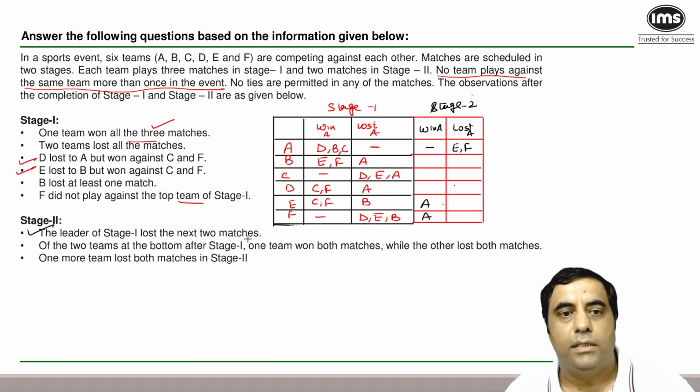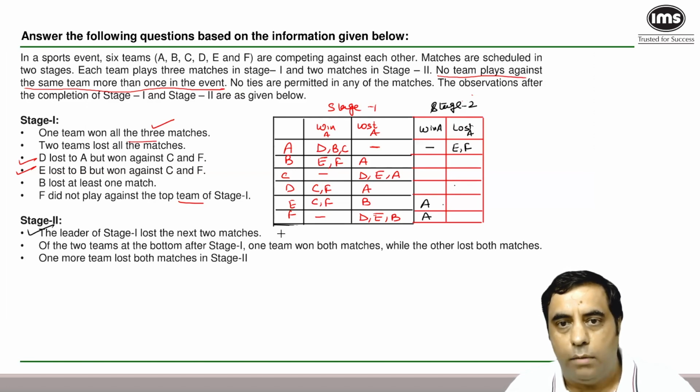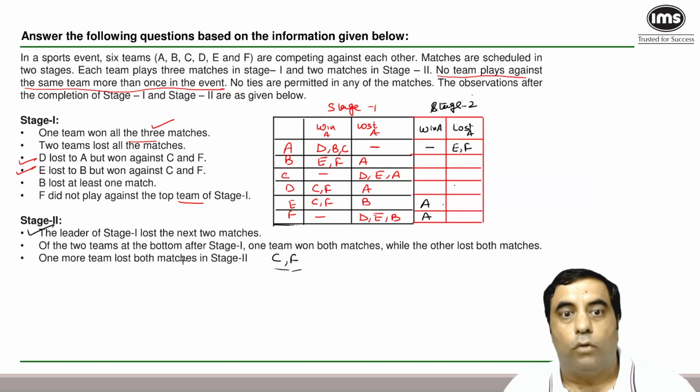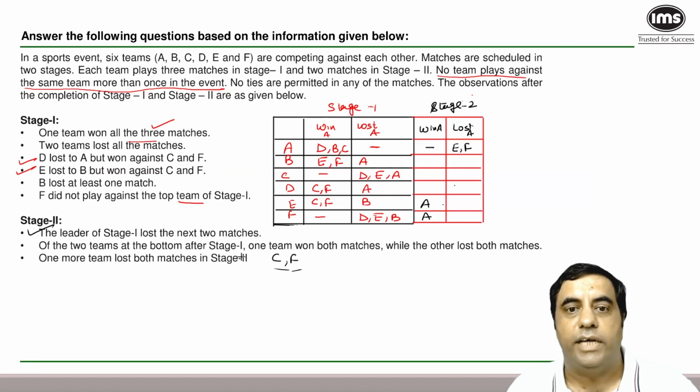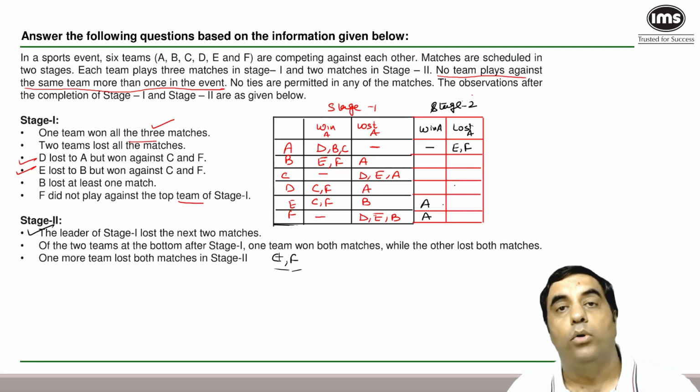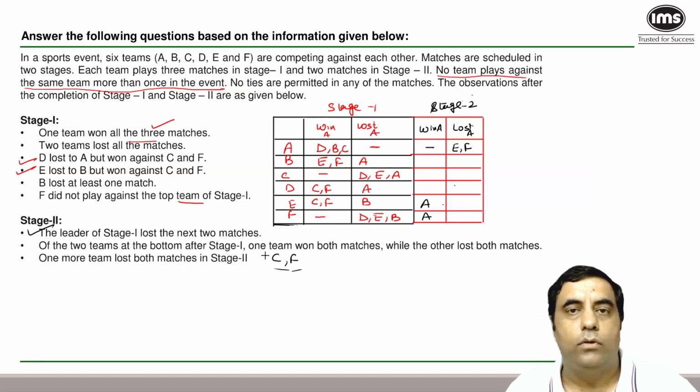The next statement says, of the 2 teams at the bottom after stage 1, the teams who lost all the 3 matches were C and F. So of the 2 teams at the bottom after stage 1, one team won both the matches while the other lost both the matches. Out of those C and F, one has won both the matches while the other has lost both.